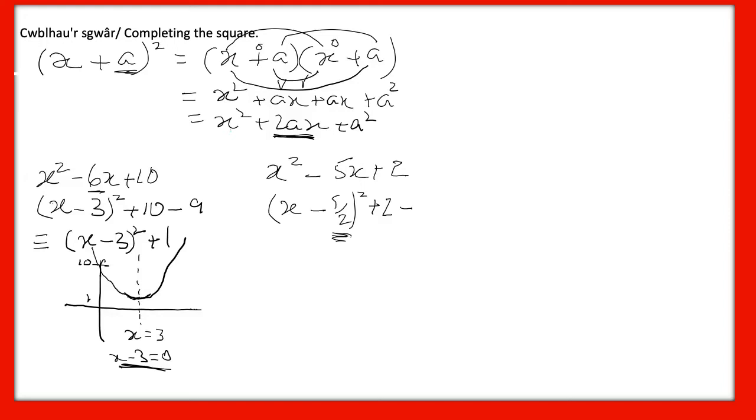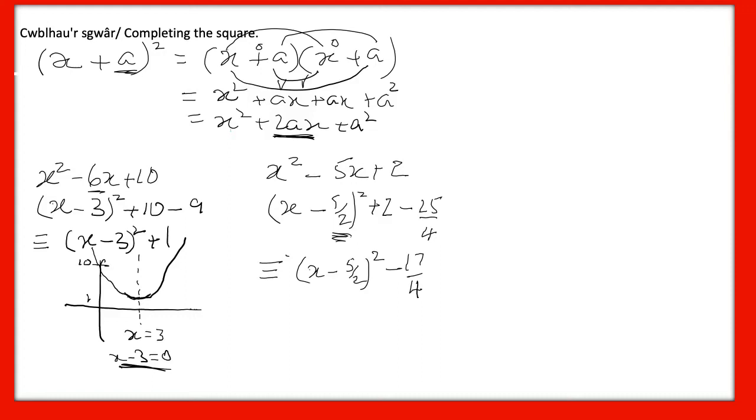Now that's dead easy. You notice I wrote it as 5 over 2 rather than 2.5 because all I do is square the top, which gives me 25, square the bottom, which gives me 4. And 2 is 8 over 4 minus 25 over 4, so this becomes x minus 5 over 2 all squared minus 17 over 4, because 8 minus 25 is minus 17.